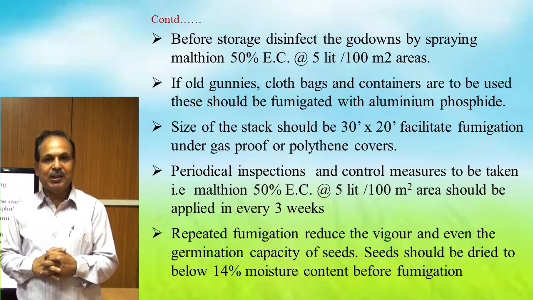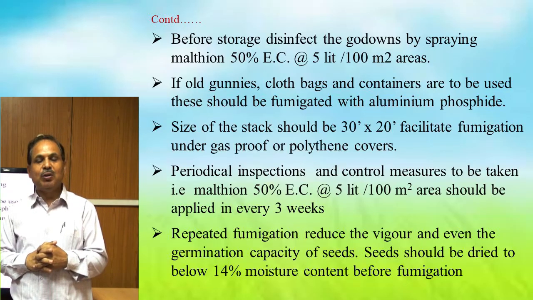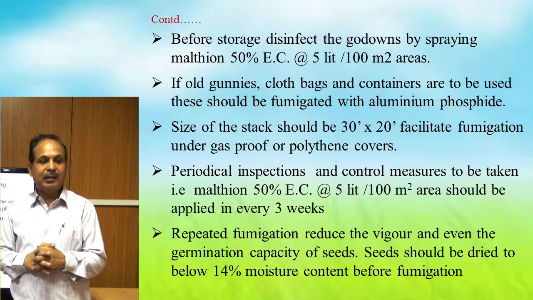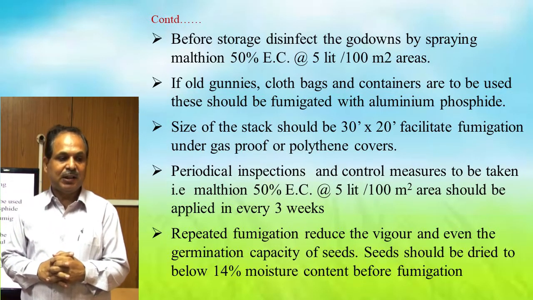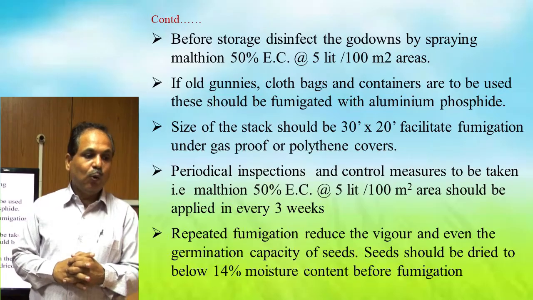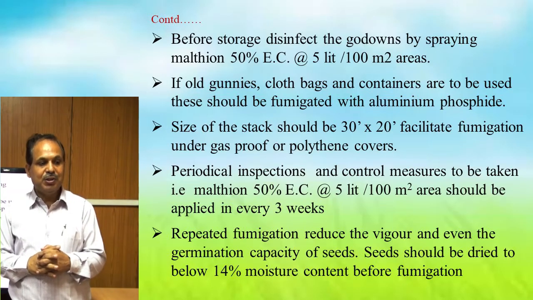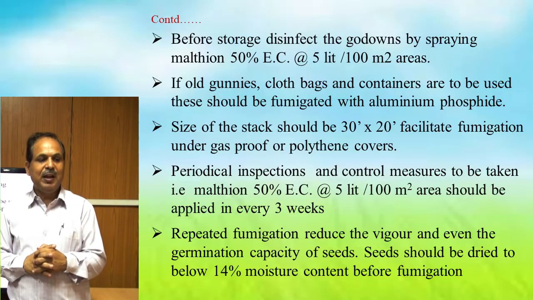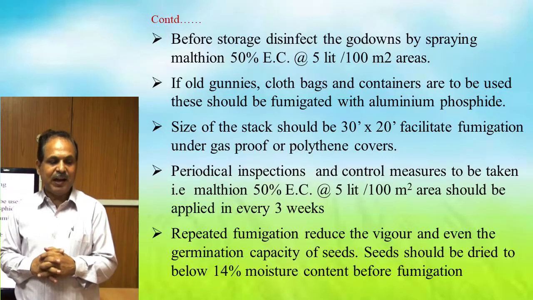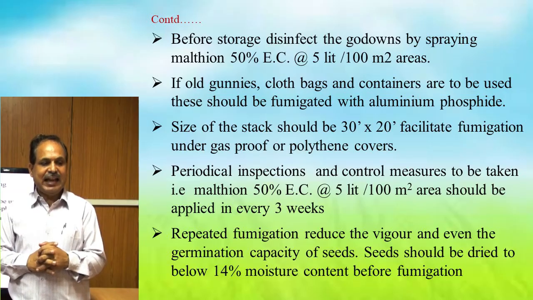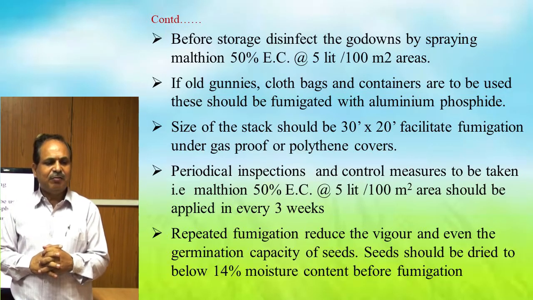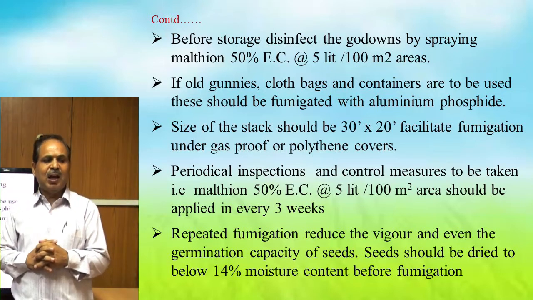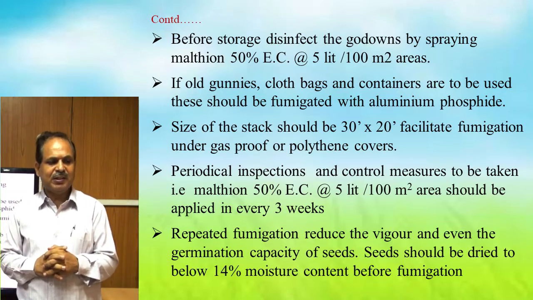If old gunny bags are used for storage, they should be fumigated with aluminum phosphide. The size of stacks should be 30 feet by 20 feet to facilitate fumigation under gas-proof or polythene covers.